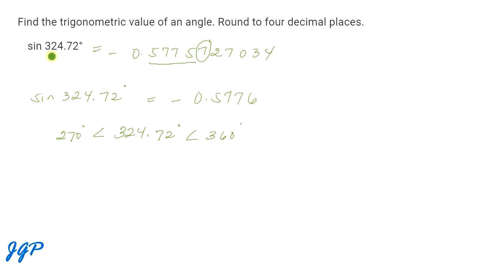So, ibig sabihin that angle is located in quadrant 4. Nasa quadrant 4 yan. And if that is in quadrant 4, your sign here is a negative. Kaya dapat, ang value mo dapat talaga ay a negative value. So, our answer is correct.